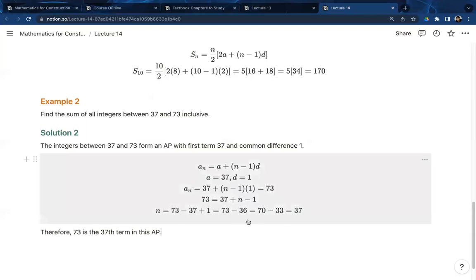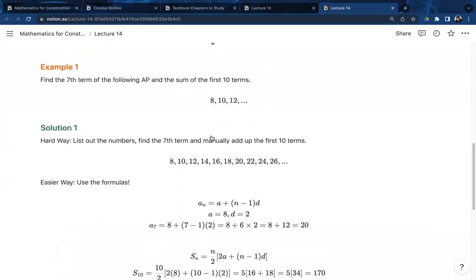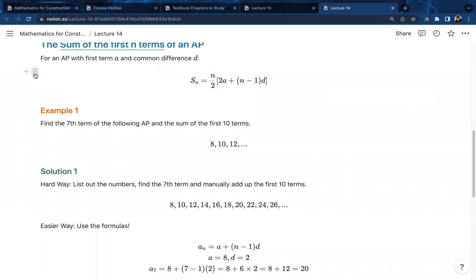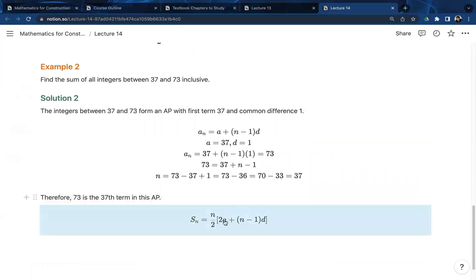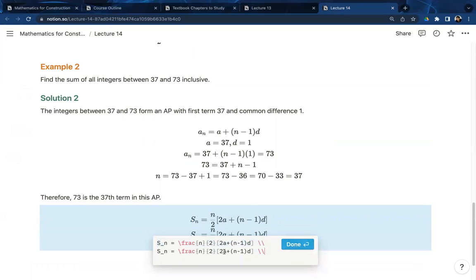So then I just need to find the sum of the first 37 terms. Okay. I copy this here. So that wasn't so bad.